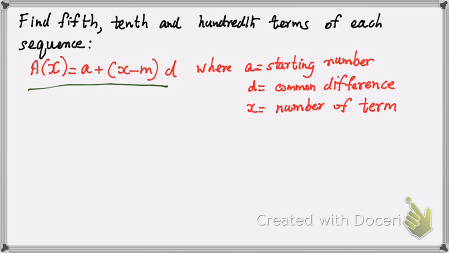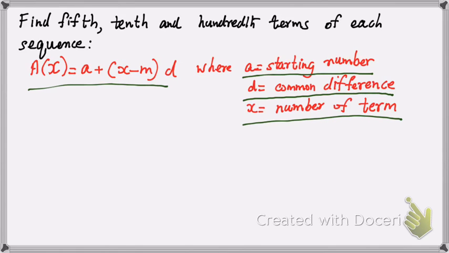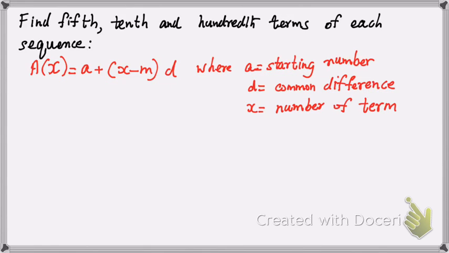The function is a of x equals a plus x minus m times d, where a is a starting number, d is a common difference, and x is the number of the term. Okay, and we can go over this one by one when we solve a problem.